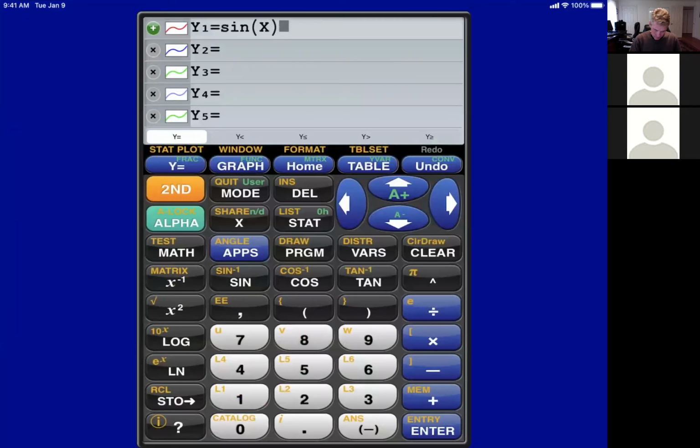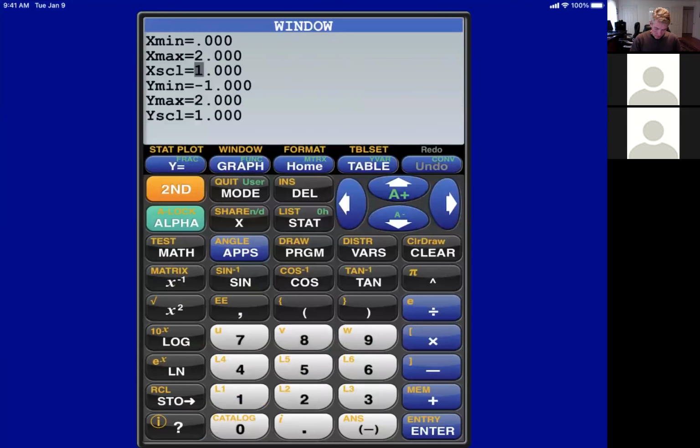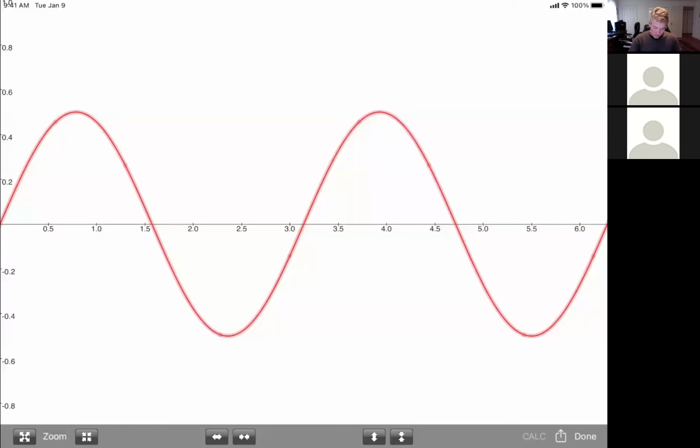I just erased sine of x and now I'm putting it again. That's okay. It doesn't cost me that much work. So sine times cosine, and the direction said go from 0 to 2 pi, and negative 1 to 1. I think I should be able to see the graph. All right, there we go.